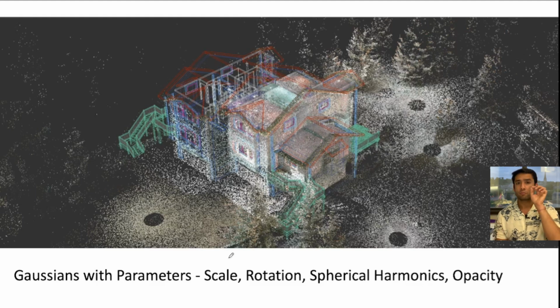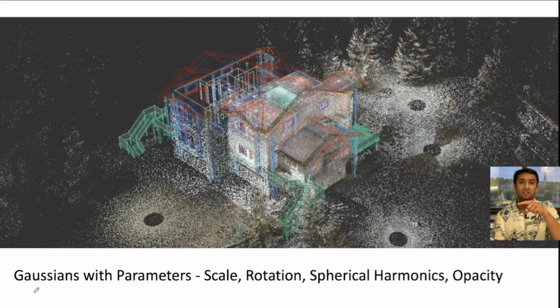It's just a bunch of points in this 3D space that essentially have the structure of the 3D scene. So if you look at this particular image, you can see that this is essentially a point cloud. So think of Gaussians as these points in the 3D scene.